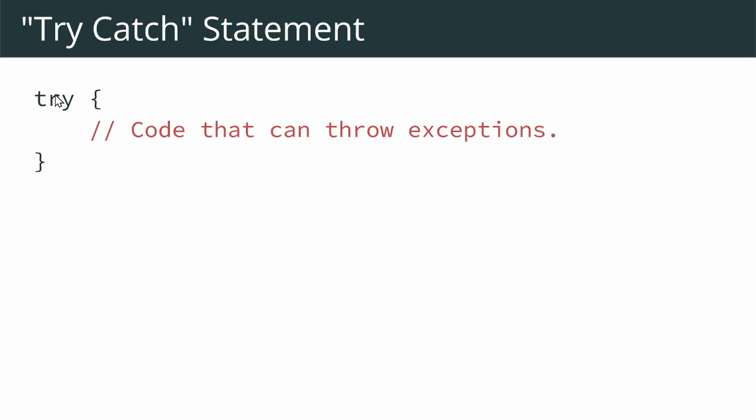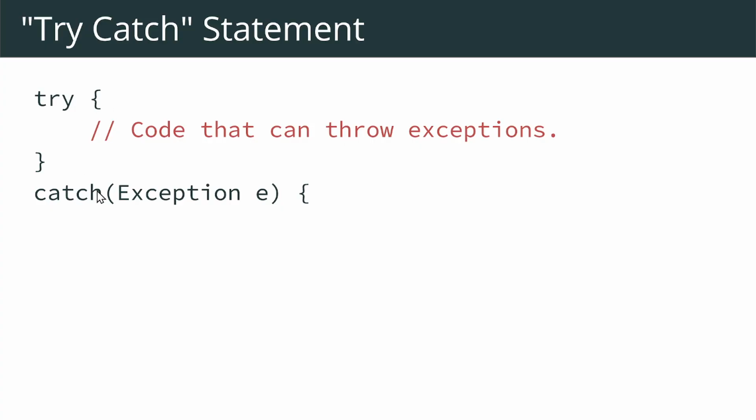The try block would contain code that can throw exceptions, meaning that if you have a line of code that can possibly fail, you should put it in this block, because if it does fail, it's going to throw an exception that we should catch, and that's down here.